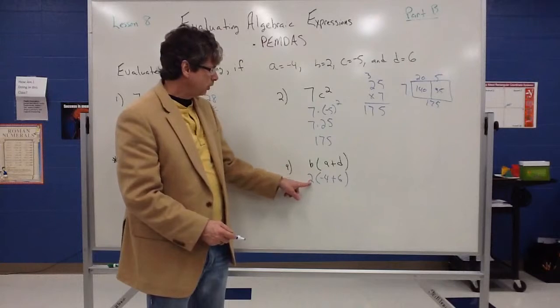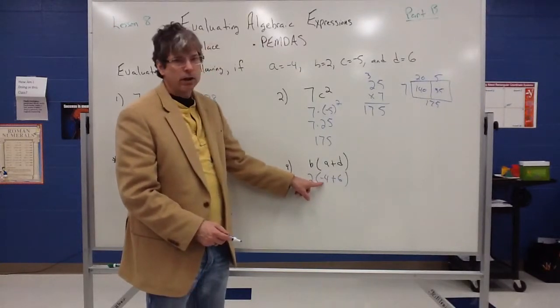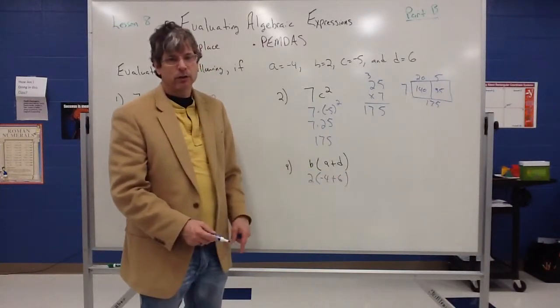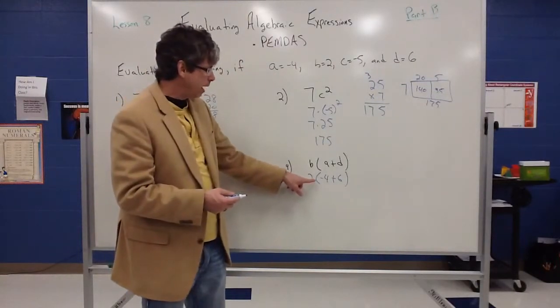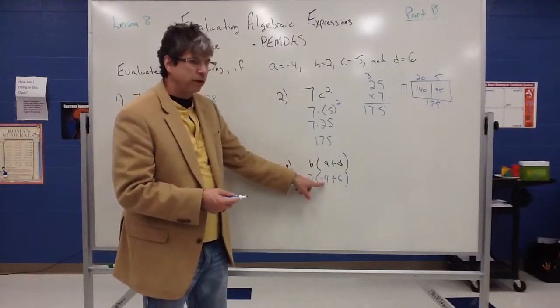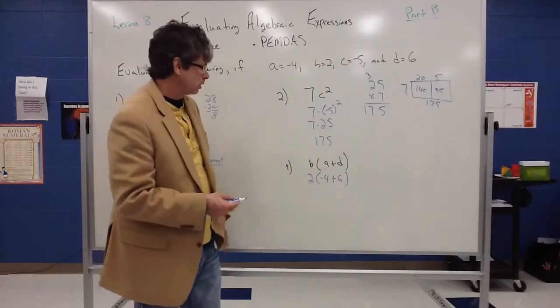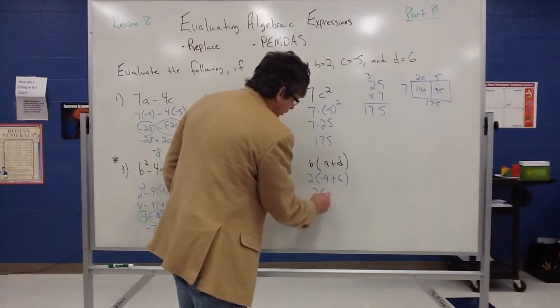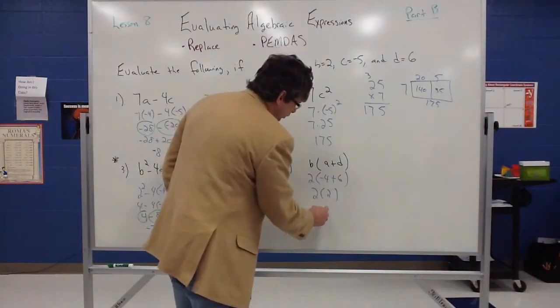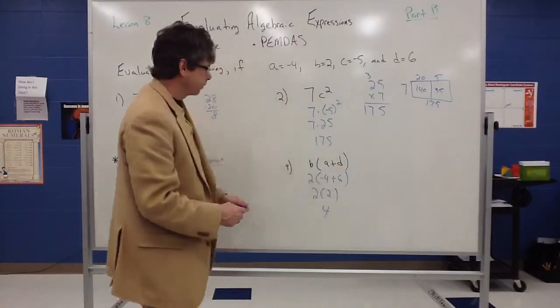So we could say 2 times the sum of negative 4 and 6. Because remember, sum implies addition. So another way to read this would be to say 2 times the quantity of the sum of negative 4 and 6. So we do the parentheses, we have 2 times then 2, and 2 times 2 ended up being then 4.